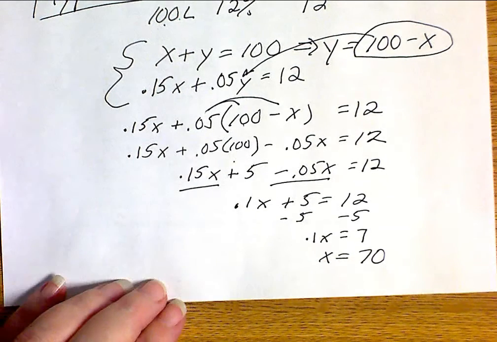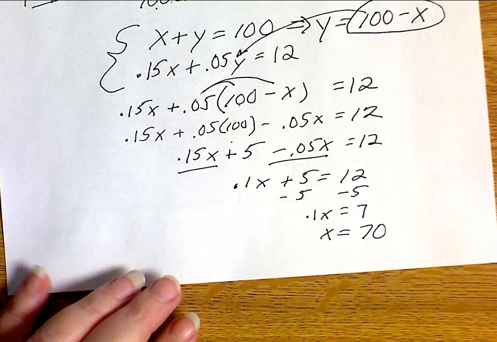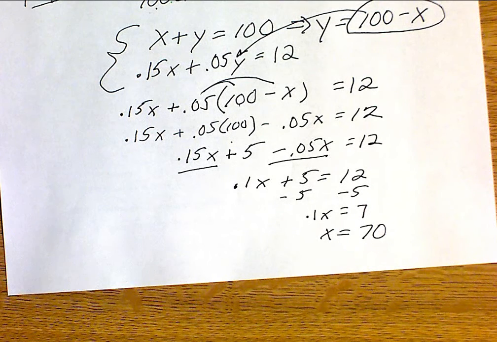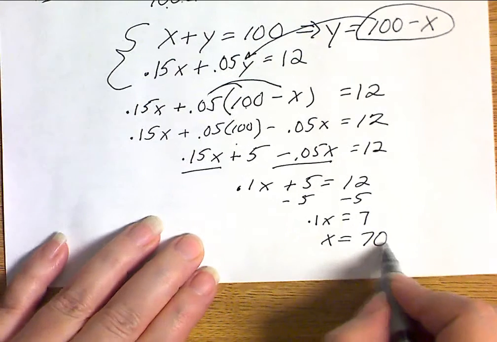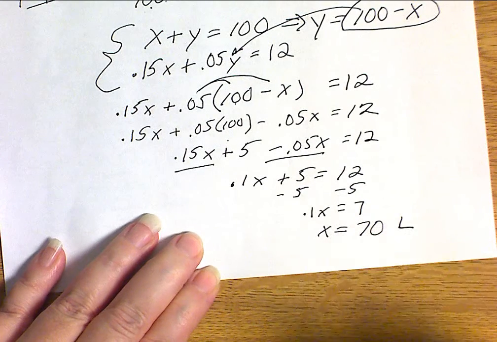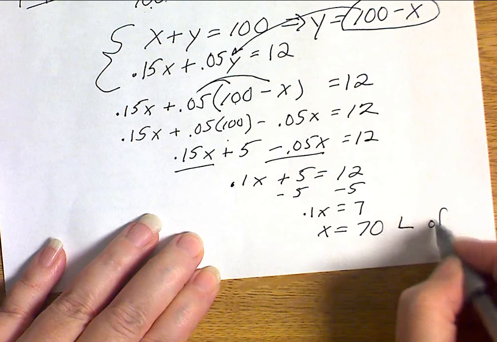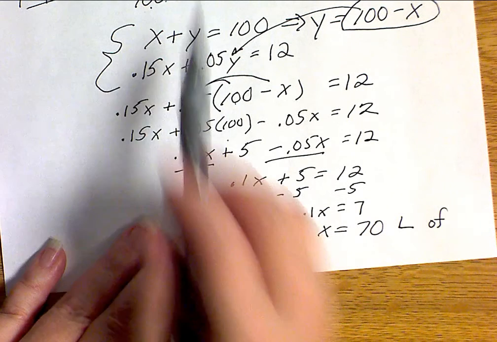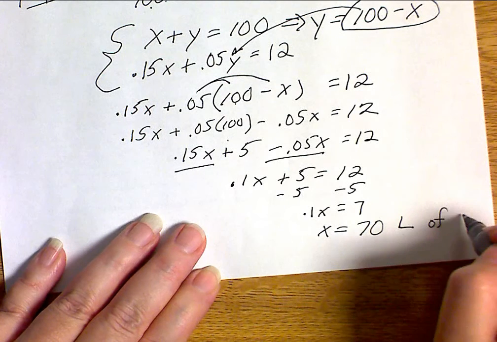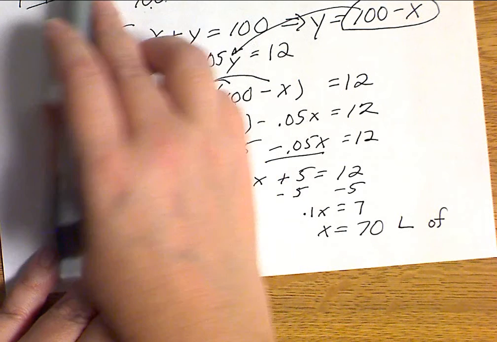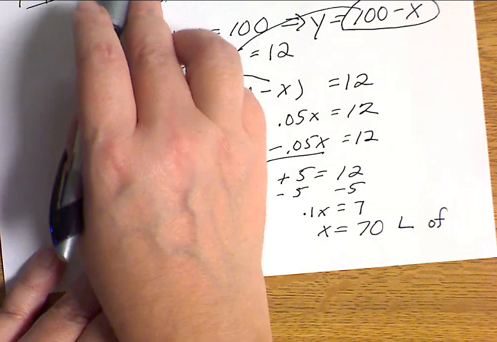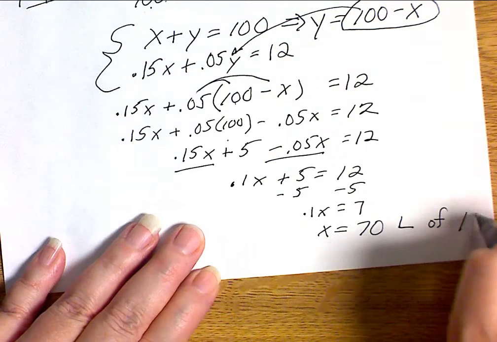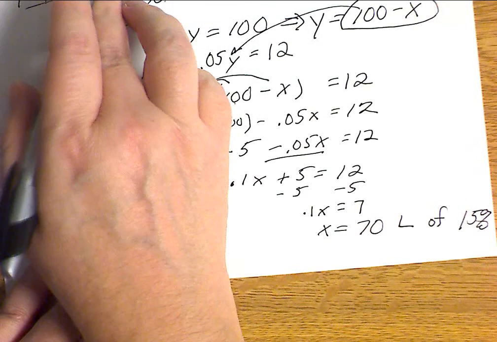Remember, in these story problems, you can't just say x is 70. You have to come back and say, what does that represent? So 70 liters of, which is 15% solution, yep, or type A. So you could say type A, but the big thing is, you still would have to say 15% because you might have called this type A and someone else might have done it differently.